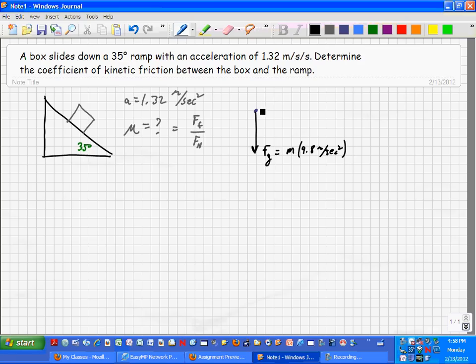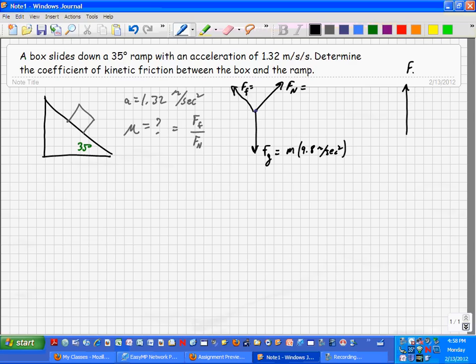I've got the normal force working off in this direction, which we don't know, and we've got friction off in that direction again, which we don't know. Since this is on a ramp, we're going to go ahead and rotate this. So rotated, it'll look something like this.